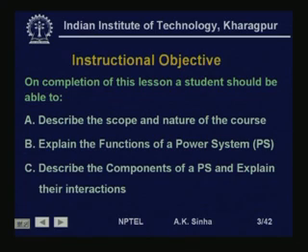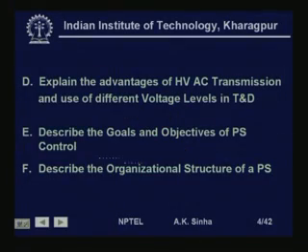Then you will be able to describe the components of a power system and explain their interaction, that is, what the basic components are which build this power system and how they interact with each other. You should also be able to talk about the advantages of high voltage AC transmission and the use of various voltage levels in transmission and distribution.